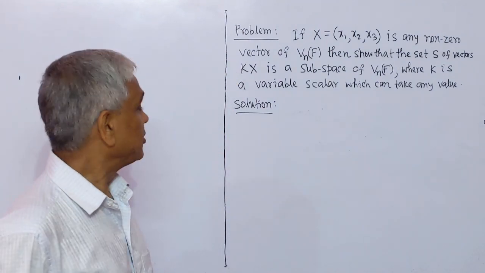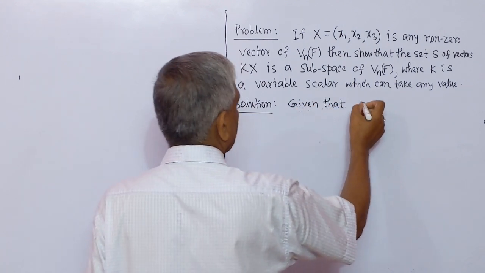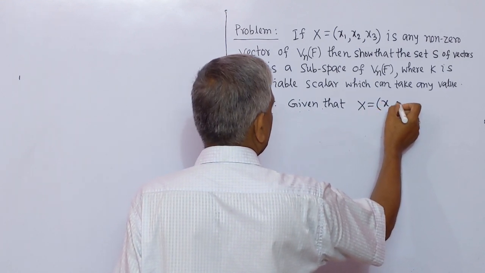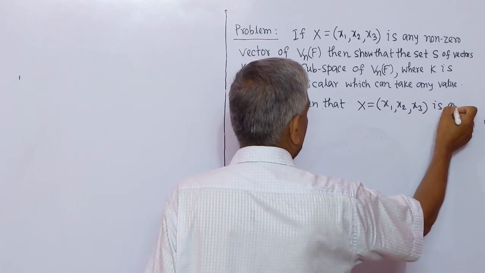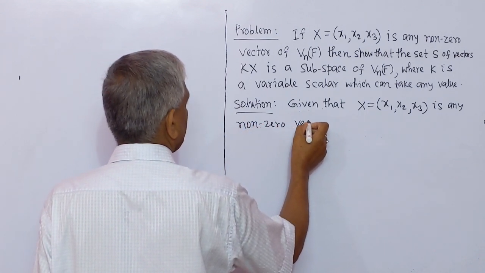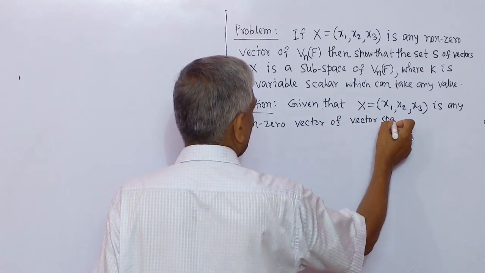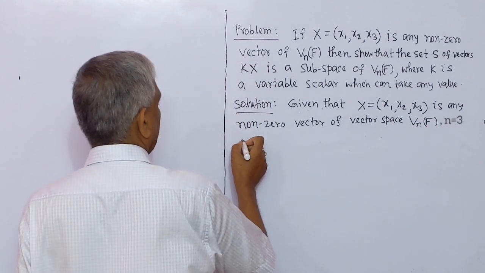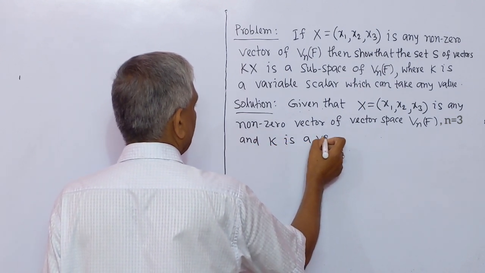Now we solve this. Given that capital X equal to order triplet x1, x2, x3 is any non-zero vector of vector space VNF, and K is a variable scalar.